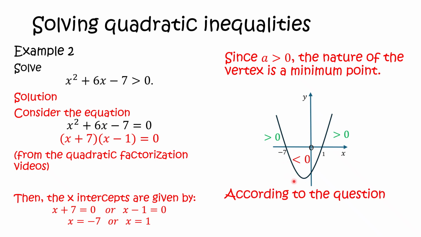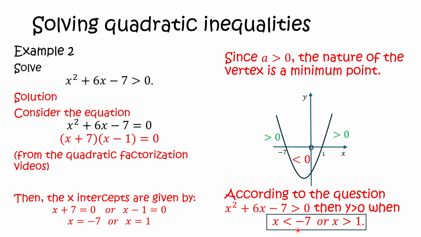So for values that are between minus 7 and positive 1, the curve has got values that are less than 0 in terms of the y, and for values that are less than minus 7, the curve has got positive values on the y, as well as for x is 1 and beyond, we have the y values of the curve being greater than 0.